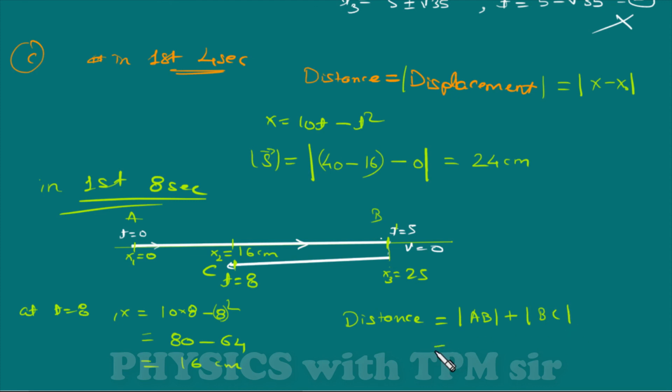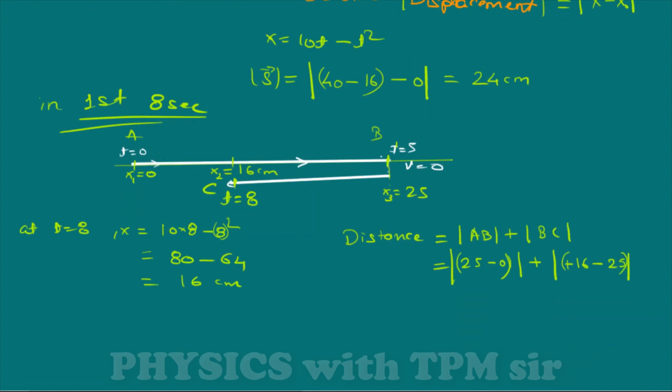This is simple. So mod of AB is equal to, we know, 25, final position minus initial position, this is the modulus, plus, again, displacement will be final position minus initial position. So the final position is plus 16 minus the initial position, and I have to take the modulus of both terms.